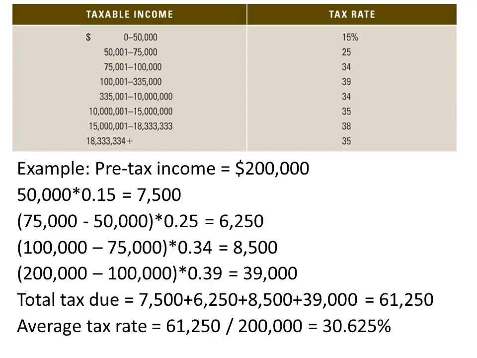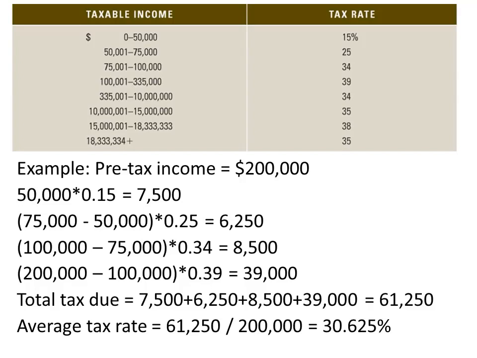Now the next bracket goes from 100,000 to 335,000. Our 200,000 falls somewhere in the middle of that bracket. And so now, instead of putting the top of the bracket as our big number to subtract from, we're going to put our pre-tax income of 200,000 in.